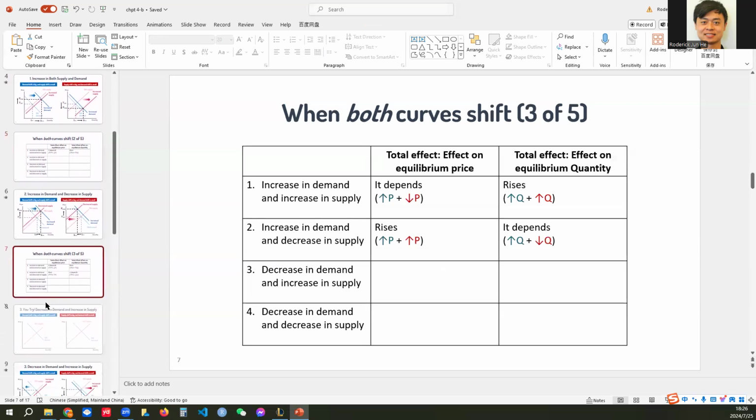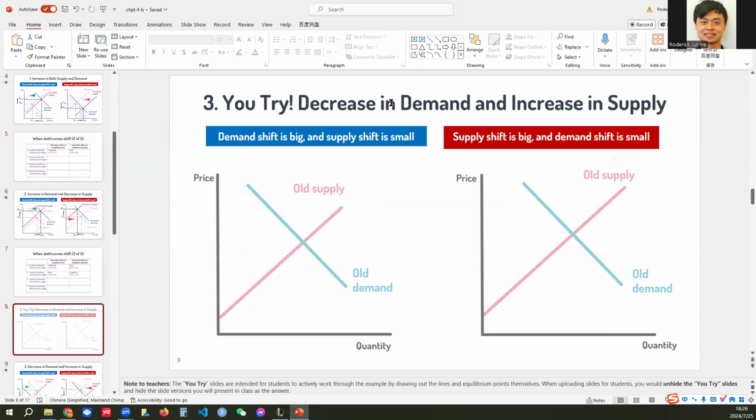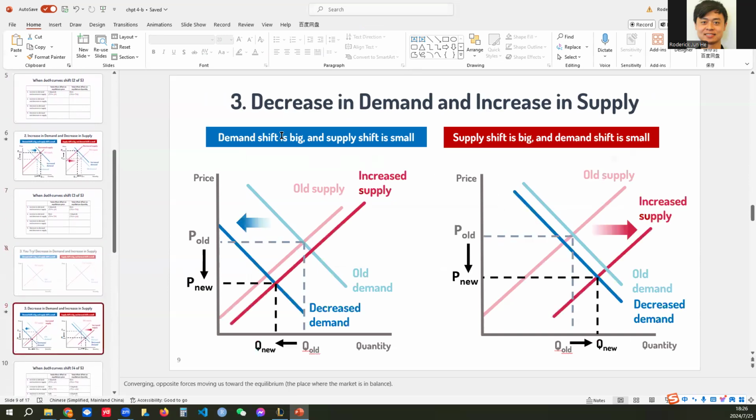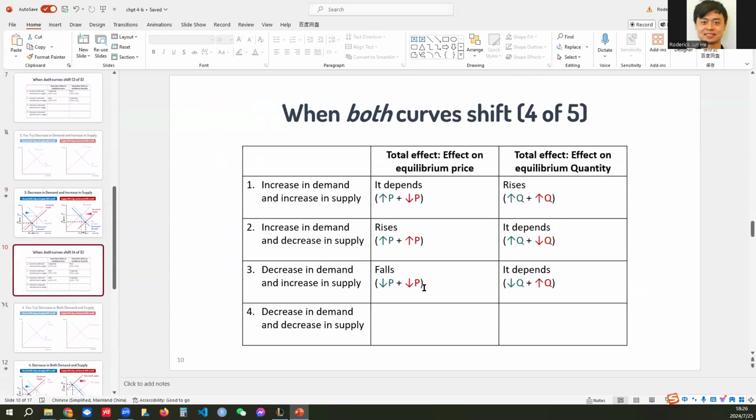Let's look at another example. Example three, decrease in demand and increase in supply. If demand decreases, what's the consequence? The consequence of demand decrease is price will decrease, quantity will decrease. The consequence of an increase in supply is quantity will increase, price will still decrease. So in both cases, price will decrease.